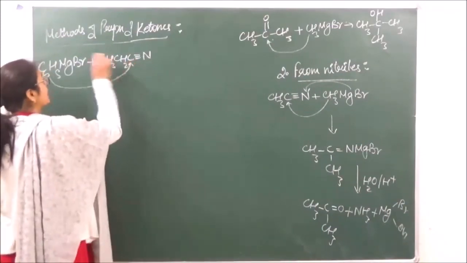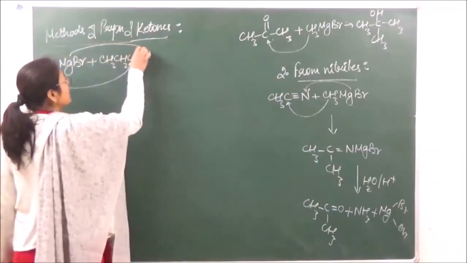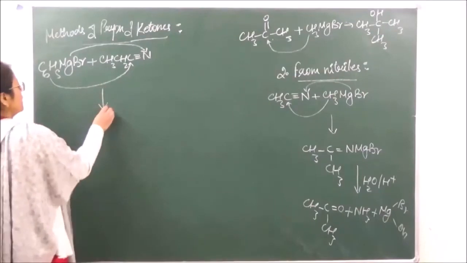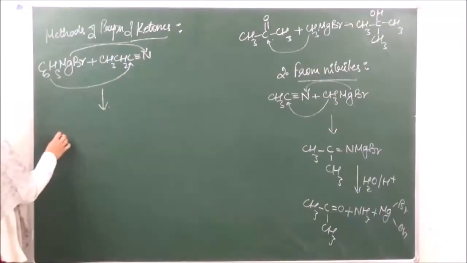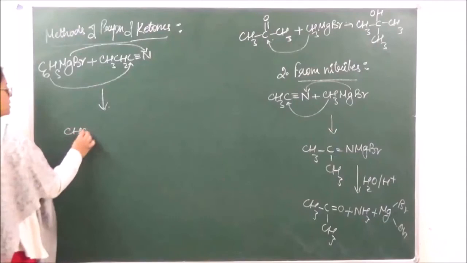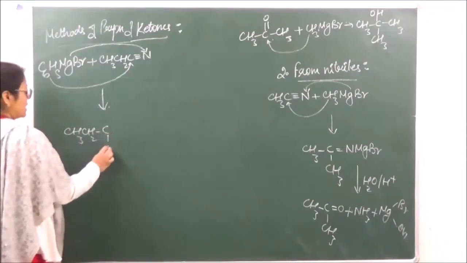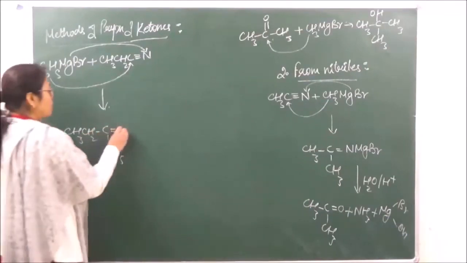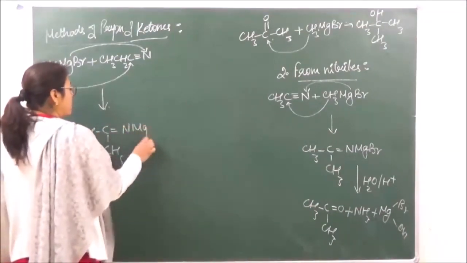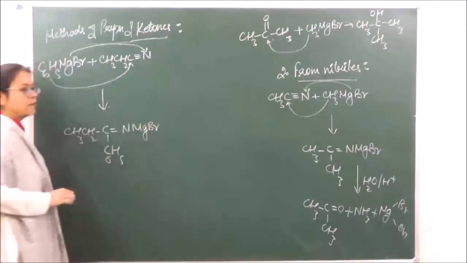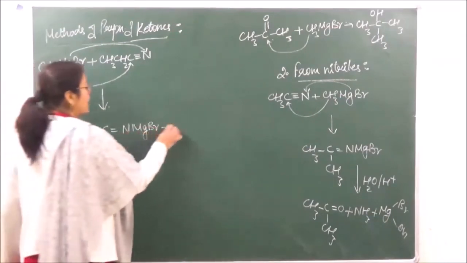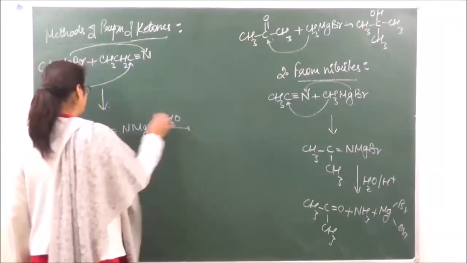C6H5 will go and attack at the carbon and MgBr will go and attack at the nitrogen, such that the product which we are going to have is CH3 CH2 C, C6H5 double bond N MgBr. Okay, and this is going to give us a ketone again. On hydrolysis, what are we going to get?